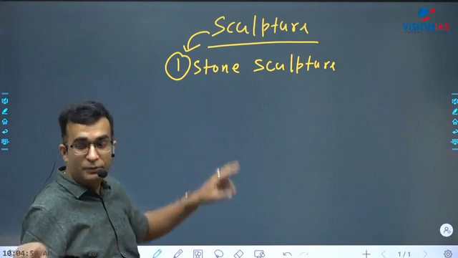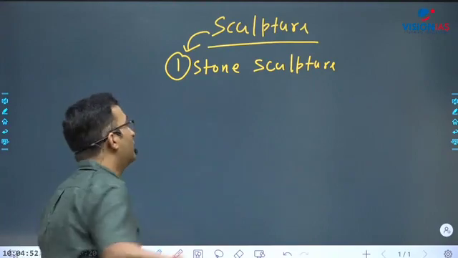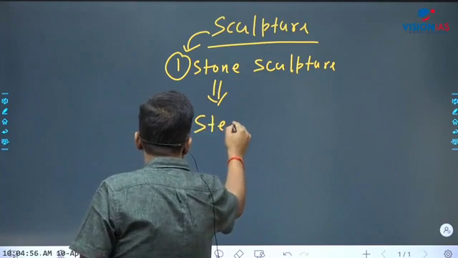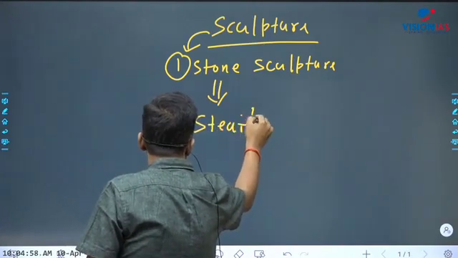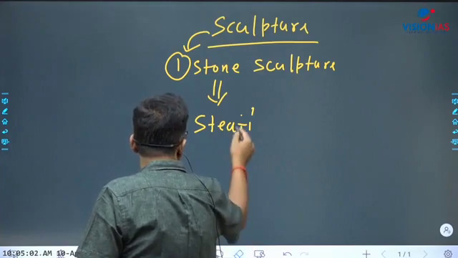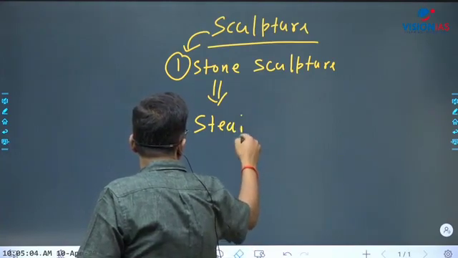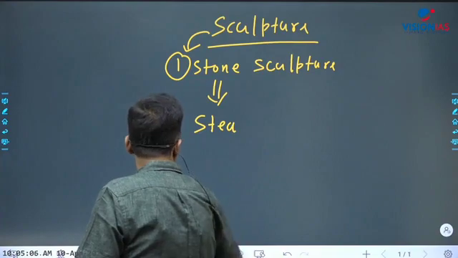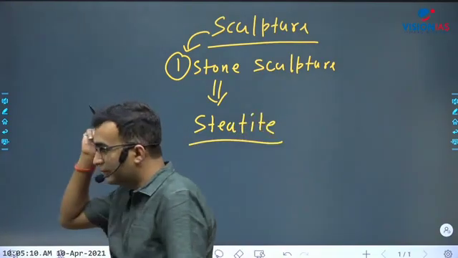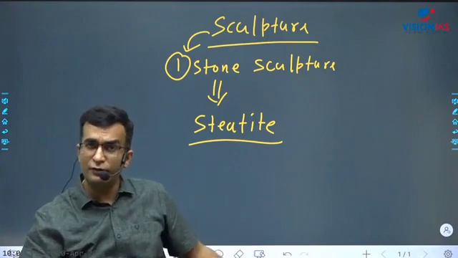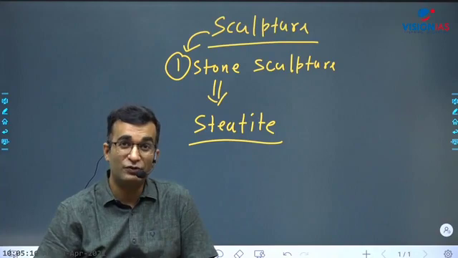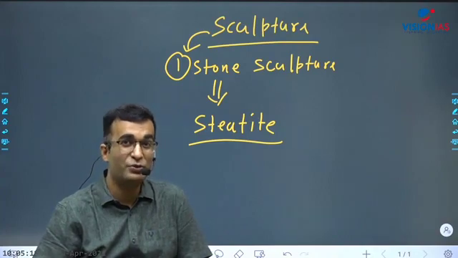So stone sculpture was made from the stone steatite, which we have discussed very often. You don't need to write the definition of the sculpture over here. It is understood that you know.